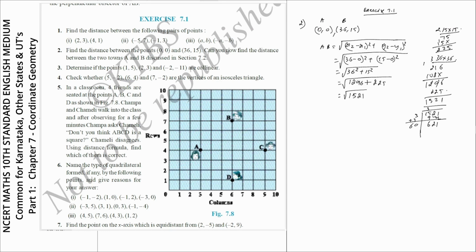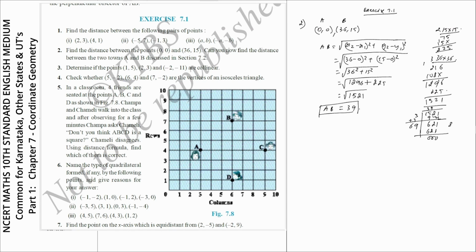Then 69 into 9 gives 81... so we get 0 remainder, so the square root of 1521 is 39. Distance between A and B is 39.